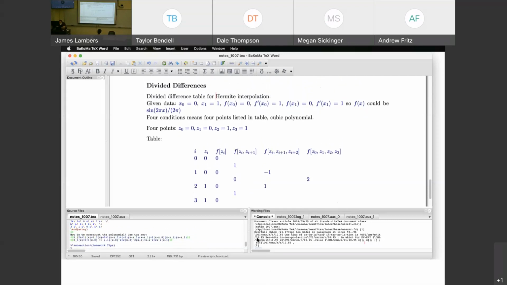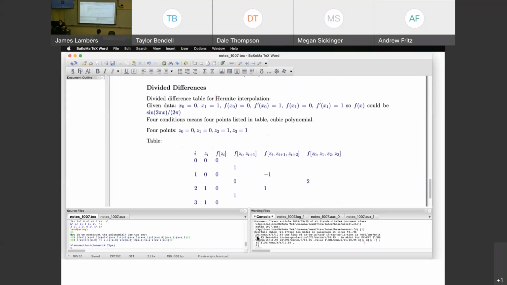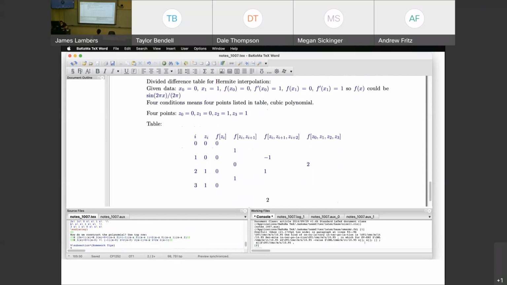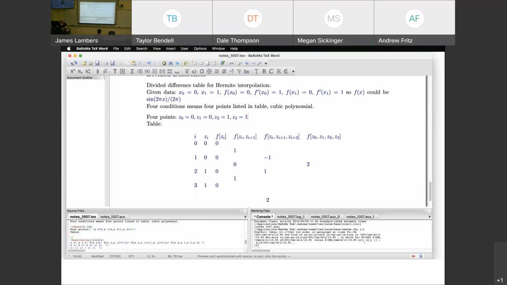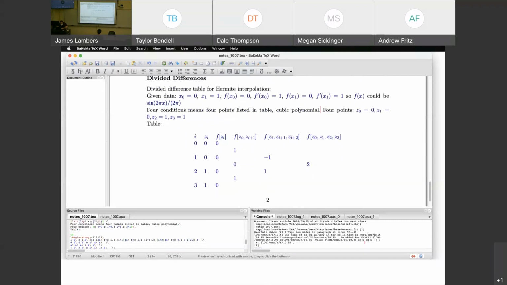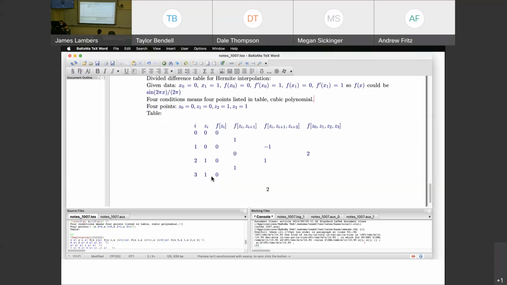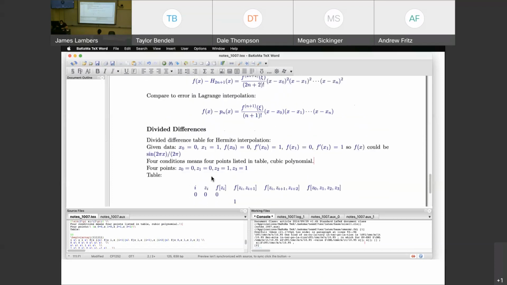It's unfortunate that it's on another page. See if I can do something about that. Okay. I'm going to eliminate some spacing here. Oh, I was hoping it would bring the polynomial back, but it did not.